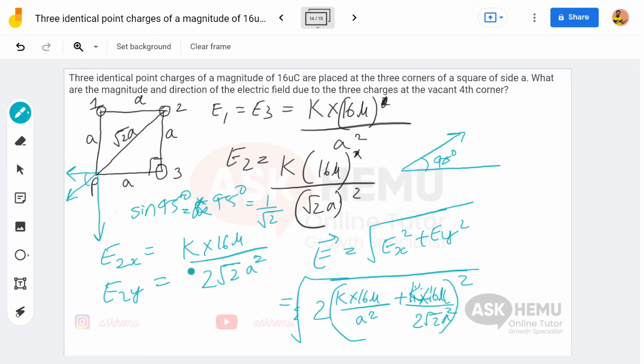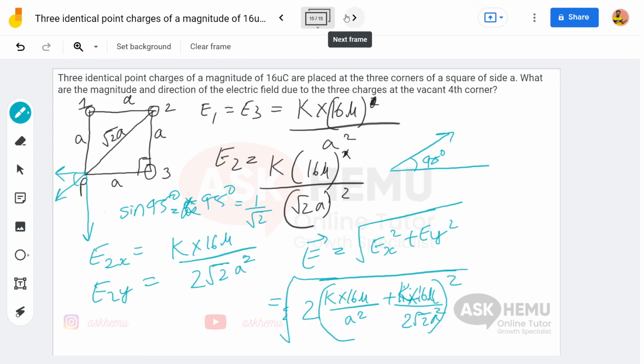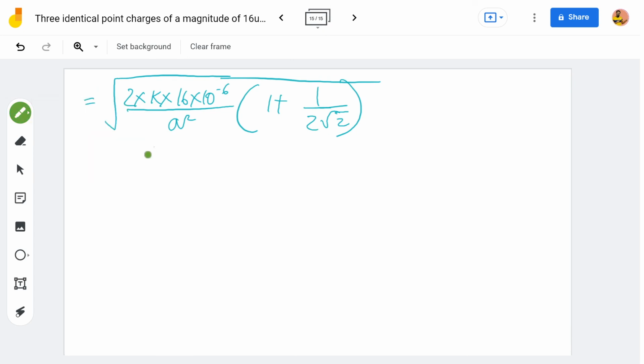It is correct because this term will always be there when you add the x component and y component respectively to E1 and E2. Let's recap once more: Ex is equal to E1 plus E2x, and Ey is equal to E3 plus E2y. E2 does not have an x component because it's completely along the y-axis.